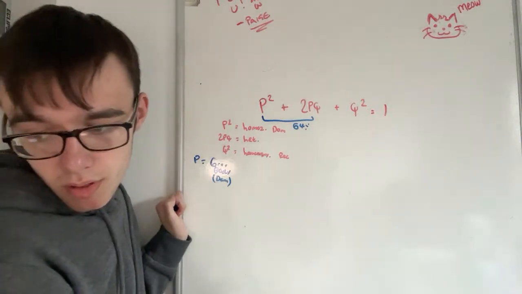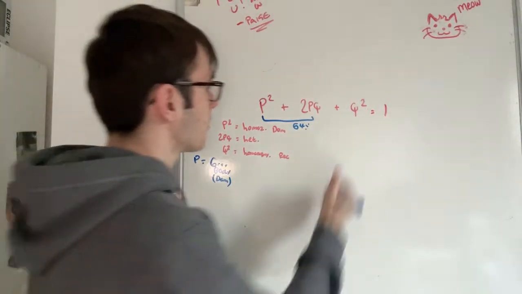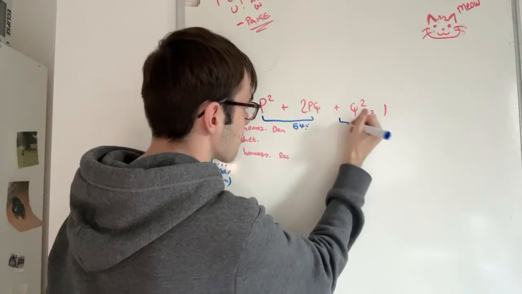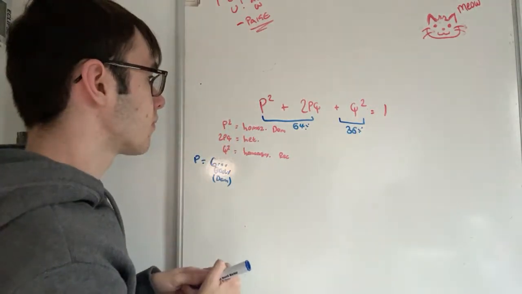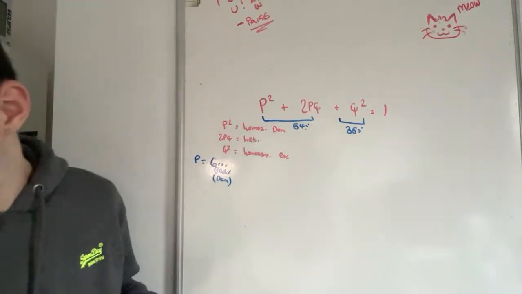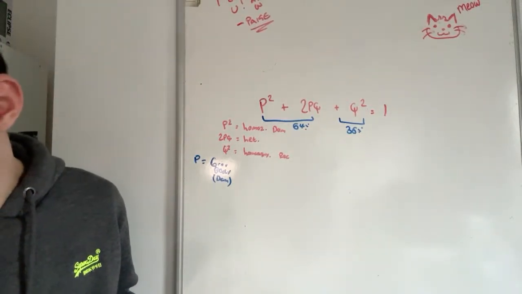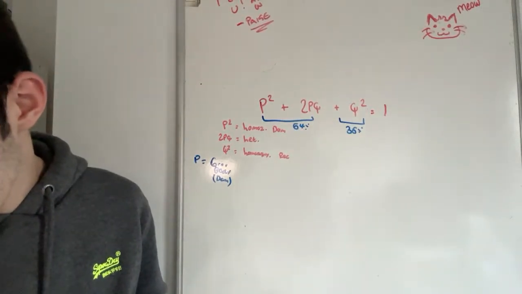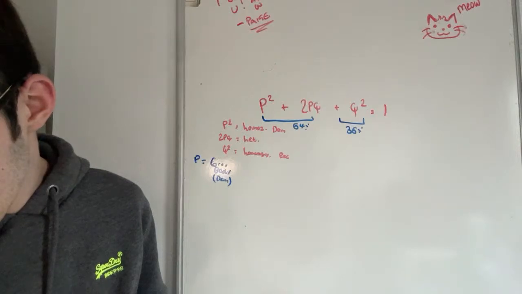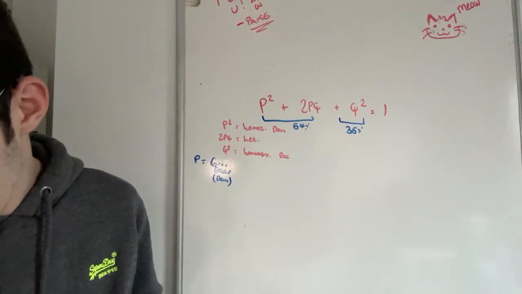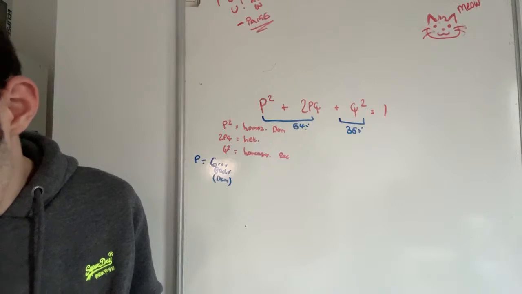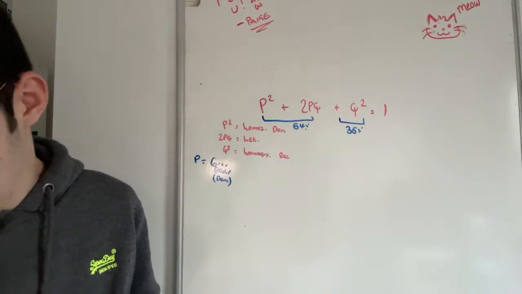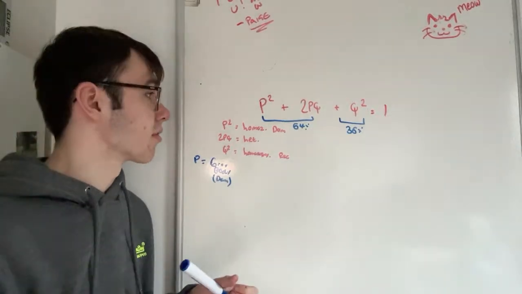Which means the black body is 36%. And what's it asking for? The percentage of flies heterozygous.